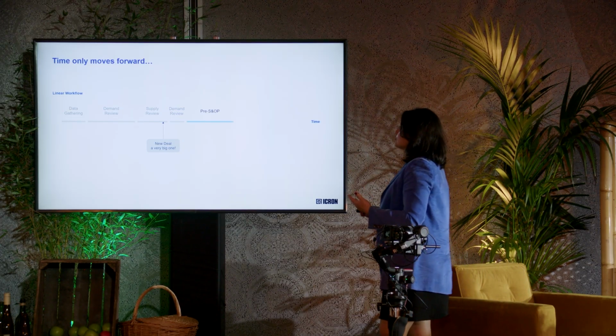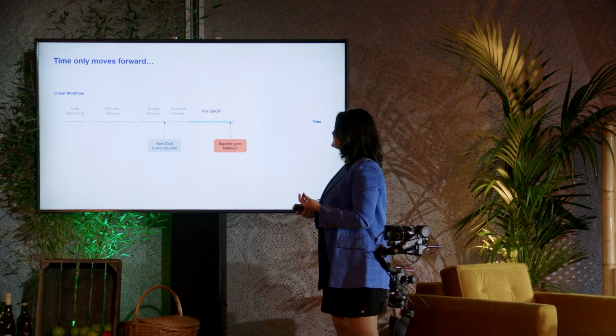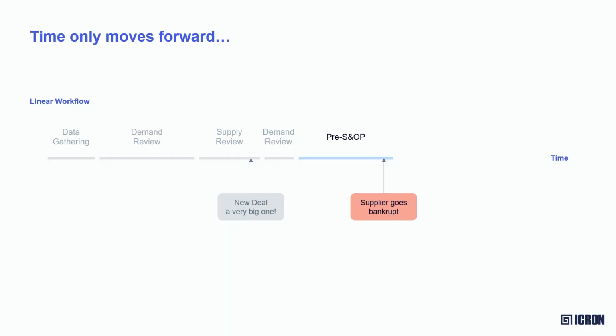Suppose that continues, right? So we are in the pre-S&OP stage, then we get a phone call: supplier goes bankrupt. It's very sad, but we need to, again, revise our supply plans. And then we go to executive S&OP, and a world leader makes a statement about new tariffs, and then, okay, yeah, we need to go back and review our supply.